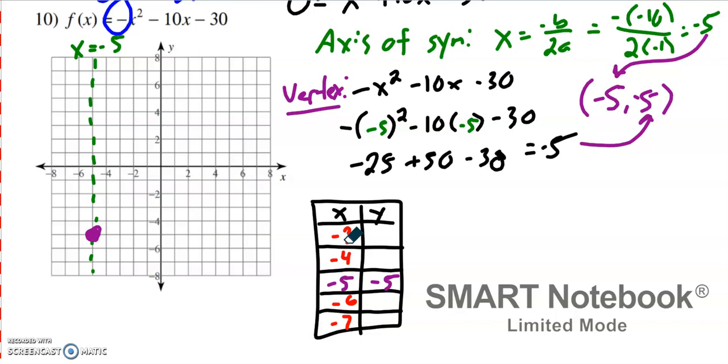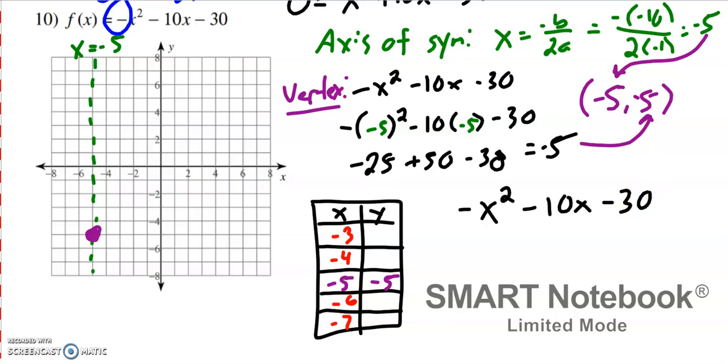Okay? Because the axis of symmetry shows that it's going to be symmetrical. So if it's symmetrical, then it's going to be the same distance away from that axis of symmetry. So now we just take these x values and plug it in to our original. So we have -x² minus 10x minus 30. And we're going to plug in all these x values.